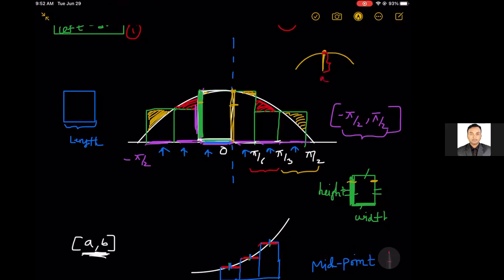Let's say that's A. So this is definitely f of A. This is the functional value at that particular point. Do you agree? If I say this is the functional value at that point, do you agree with that?